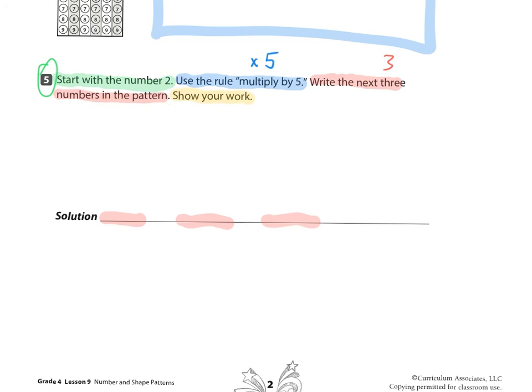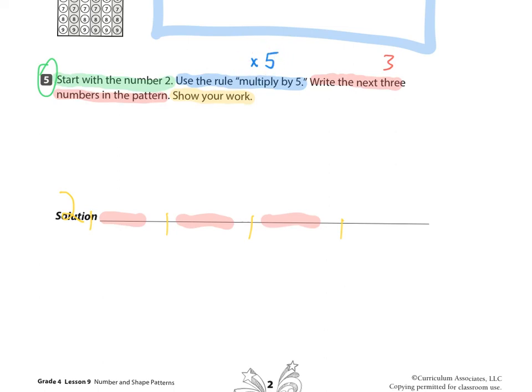So the number 2 is already here. What are the next 3? You already have 2. What are the next 3 in the pattern? Think it out. Write your answer and make sure you show your work of how you're getting your answers. Remember, the rule is times 5.